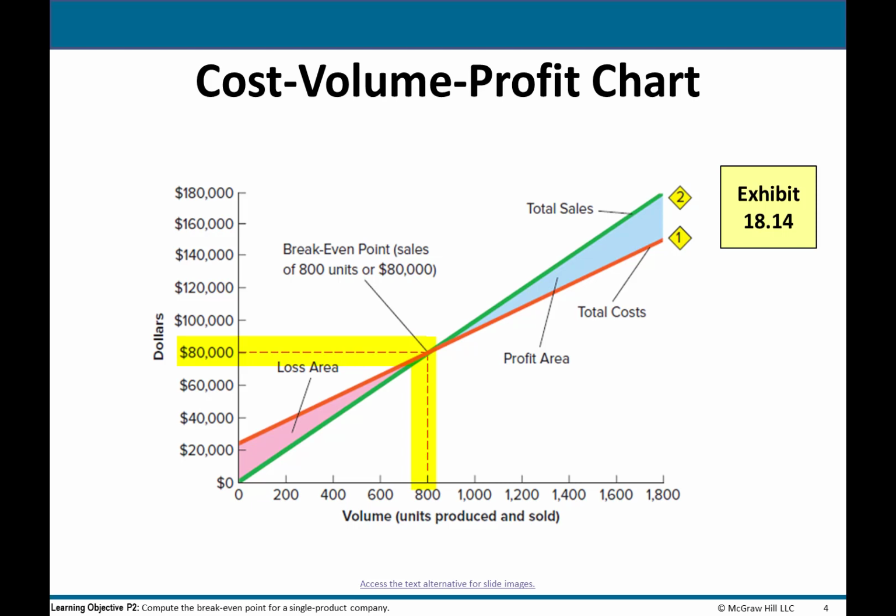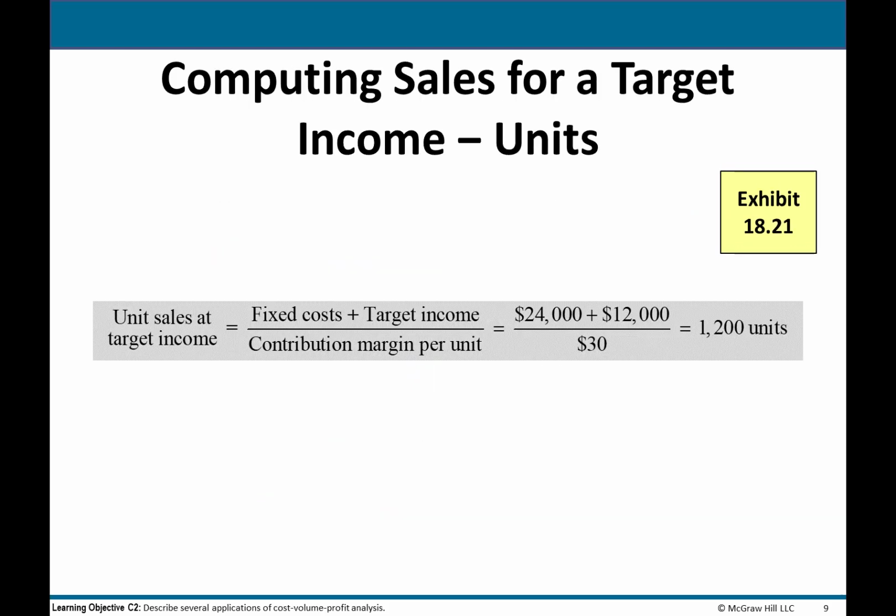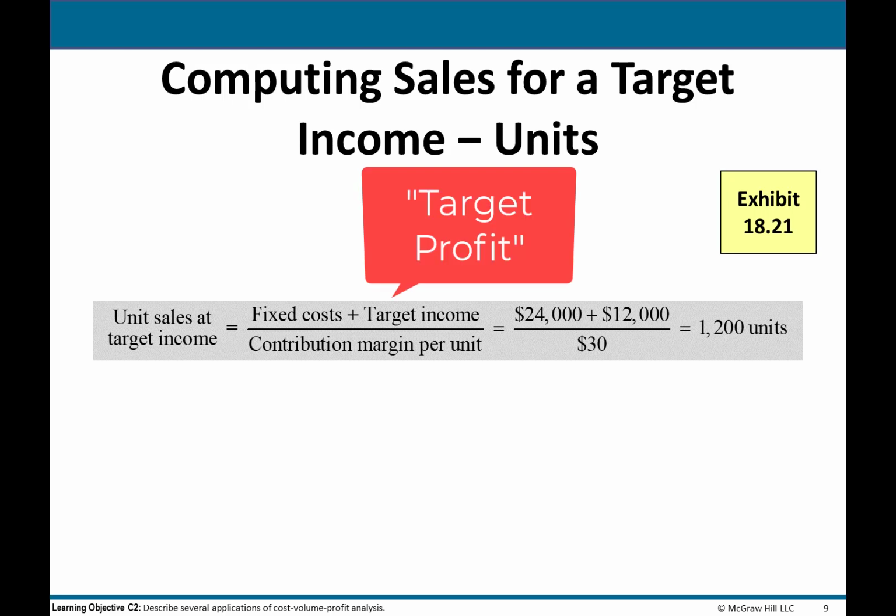So take some time to go over the book. You can also measure the profit and the loss by comparing the green line to the red line and subtracting the two. As we know, in a capitalistic economy, not too many companies are happy with breaking even.